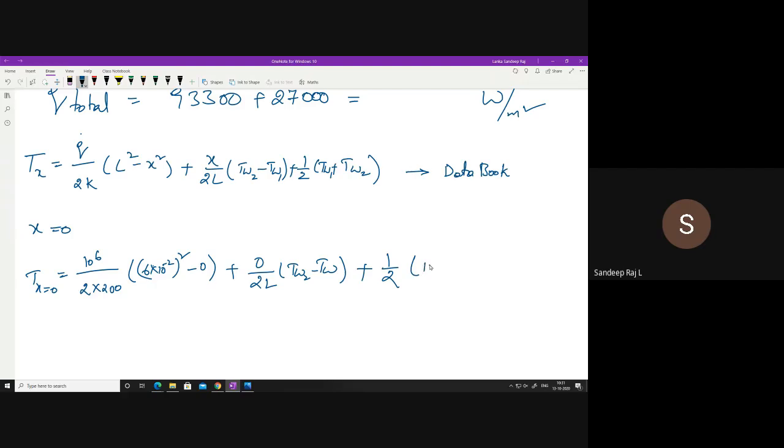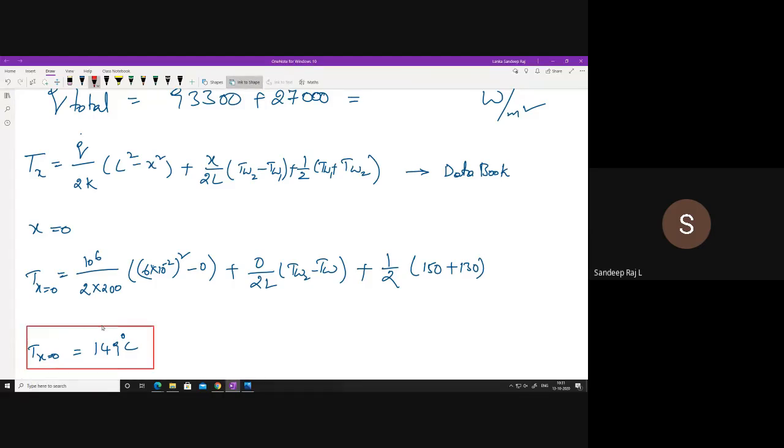Plus half of 150 plus 130. So this value will be 149 degrees centigrade. So T at x equal to 0 will be 149 degrees centigrade.